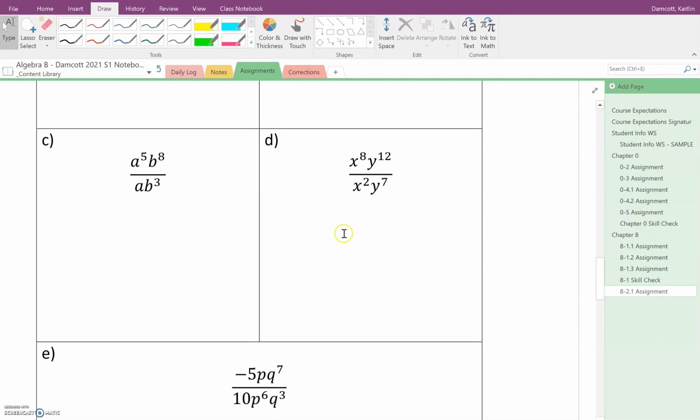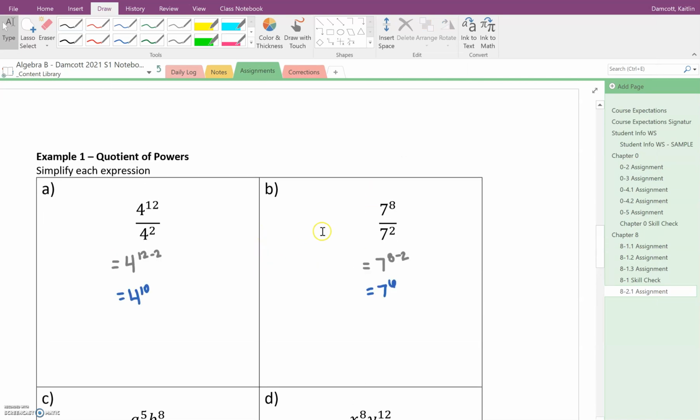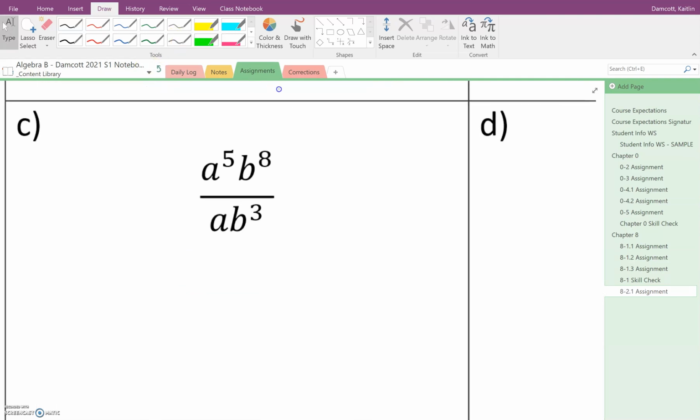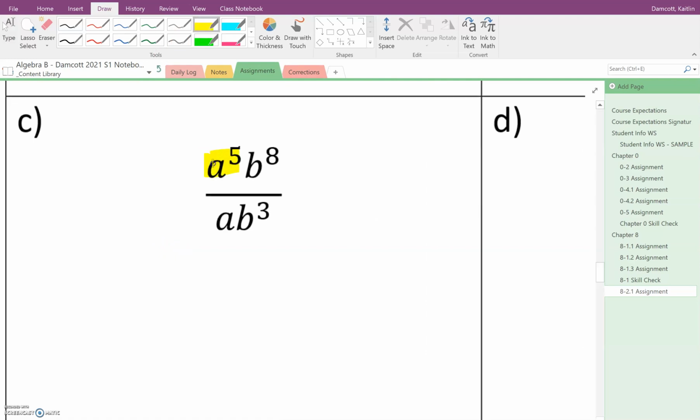Now, in these next examples, we don't have any numbers. We just have variables, but we want to do similar things. In this next one, I'm going to focus on just the a to the 5th and the a. These are both powers that have a base of a.